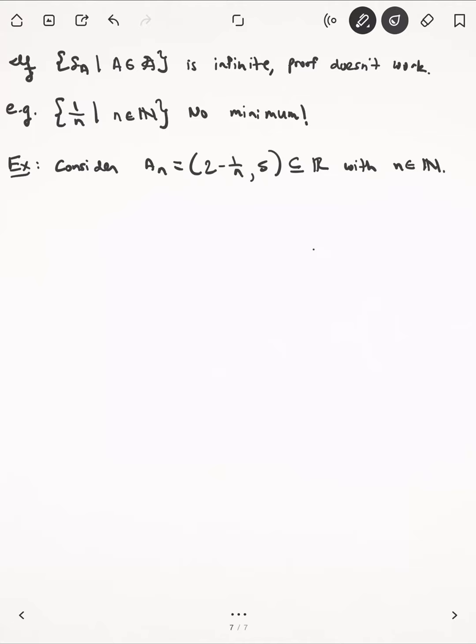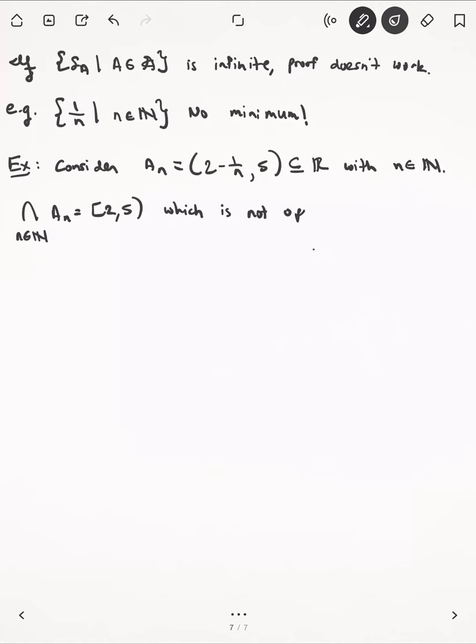Now all of these A sub n's are open intervals, but now you're taking the intersection over an infinite set of A sub n, which equals our good old friend, the half-closed interval 2 to 5, which is not open.